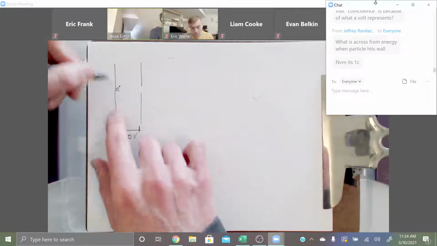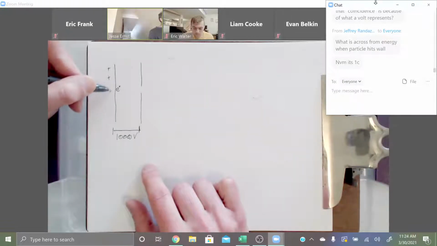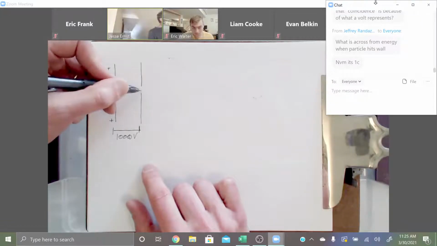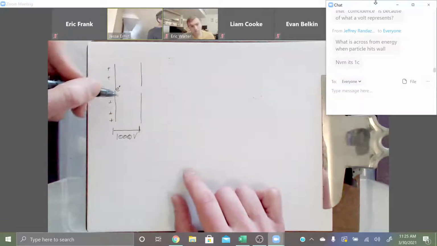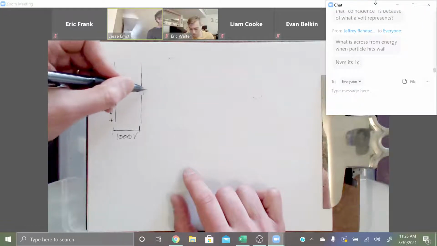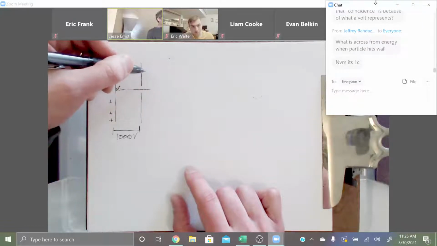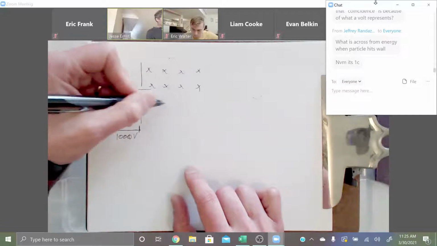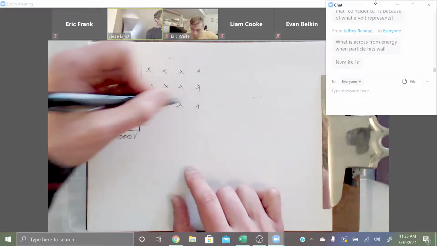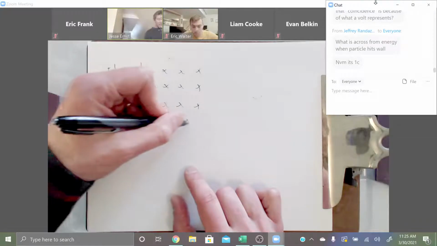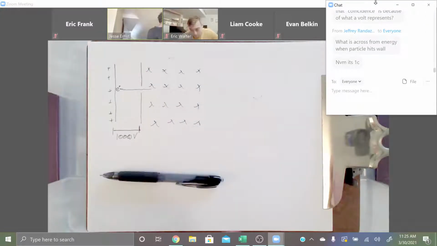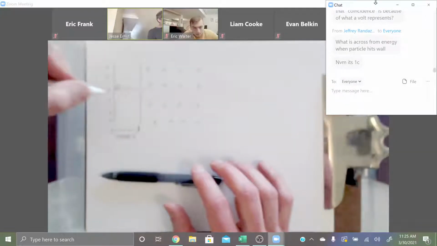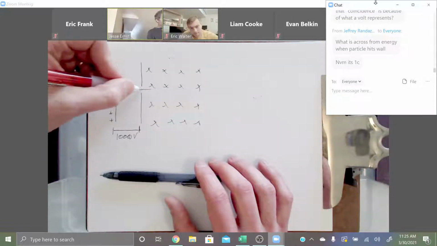I let it go here. This is the positively charged plate. There's a hole there, so it's going to be accelerated across, fire through that, and come into a region where there's an inward going magnetic field. And once that happens, it's going to move in a circle, which is either like that or like that.